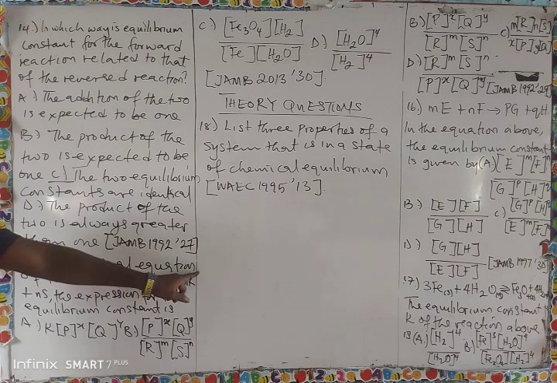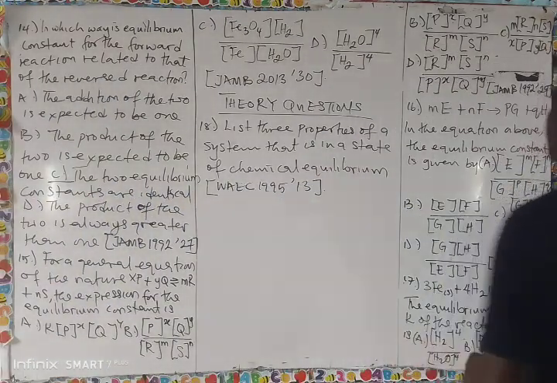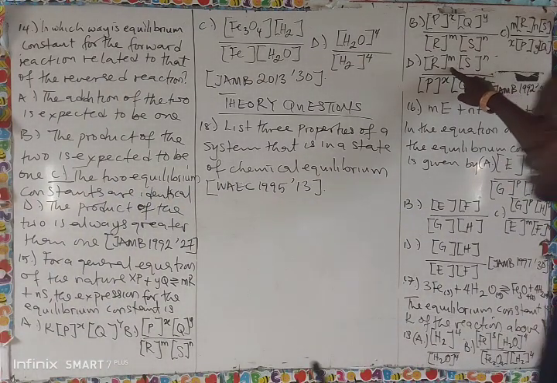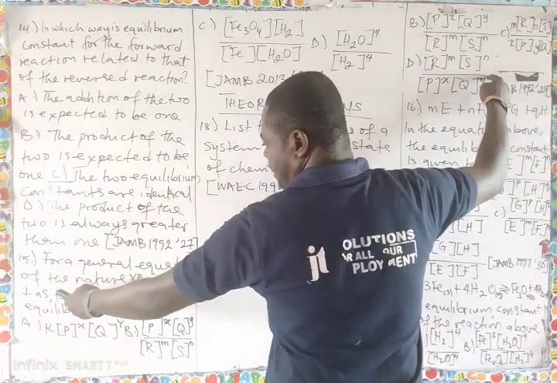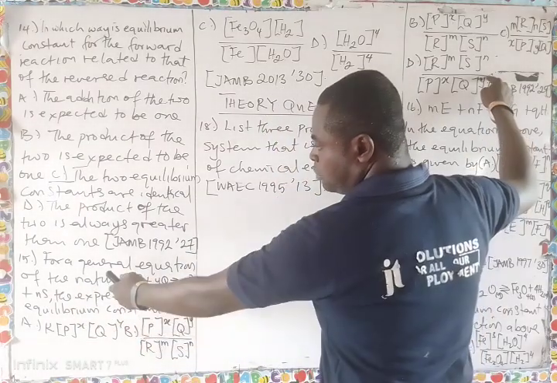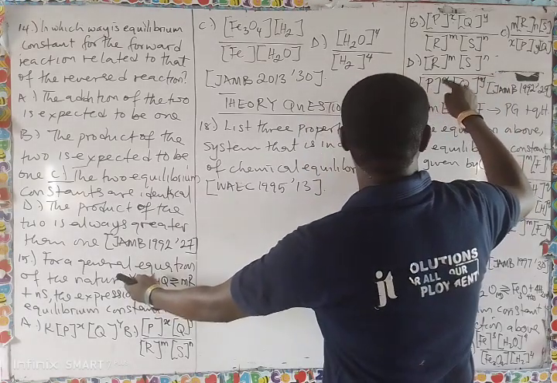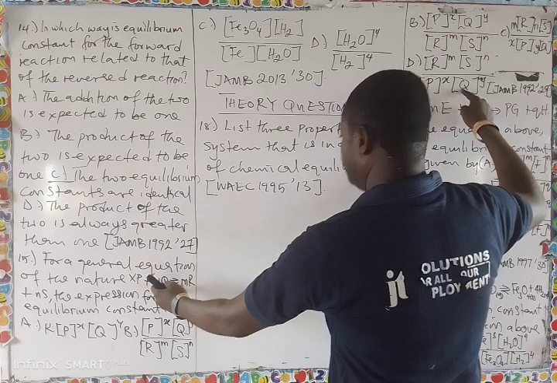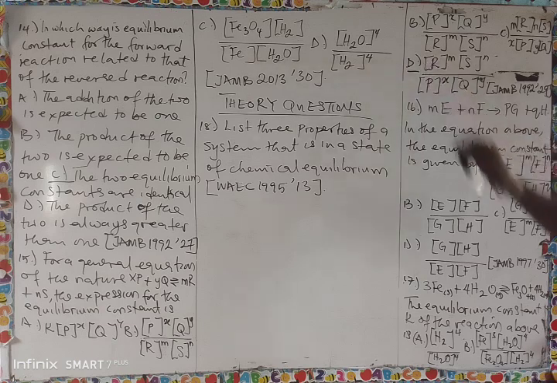R raised to power m, times S raised to power n, on the top. Over the reactants: P raised to the power they use to balance it, times Q raised to power y, that they use to balance it. The answer is G. That is JAMB 1992 question 29.